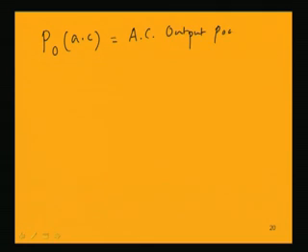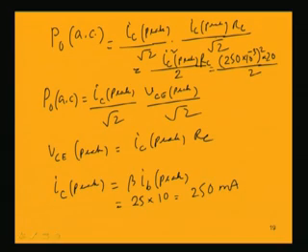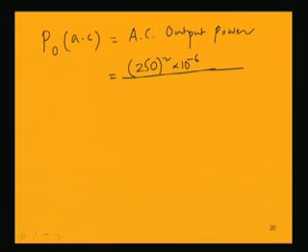So, we get finally the P naught AC, that is the AC output power, as 250 square into 10 to the power minus 6, into 20, divided by 2.